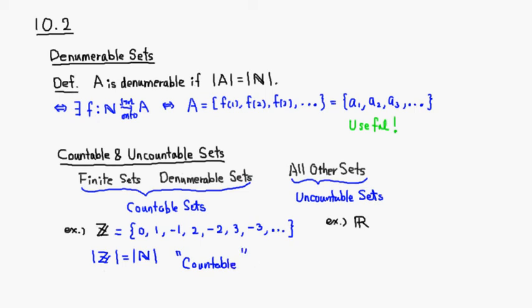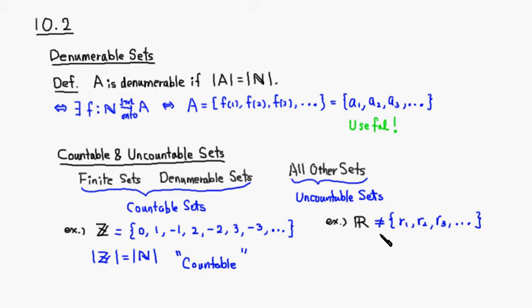Another example is an uncountable one. Later in the chapter, we will be able to show that we will not be able to list the elements of all real numbers, like real number 1, real number 2, real number 3, and so on. We will be able to show that this is impossible.